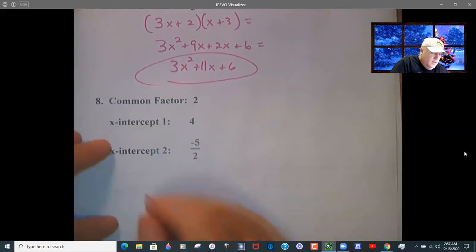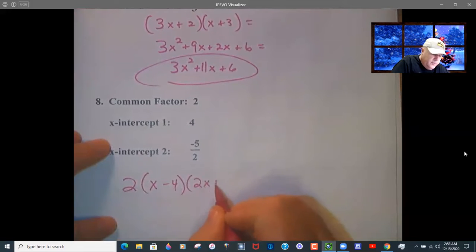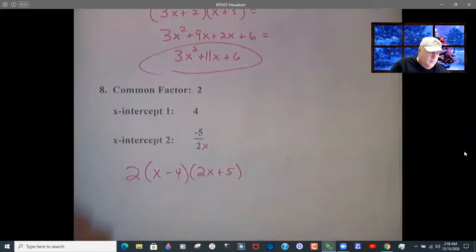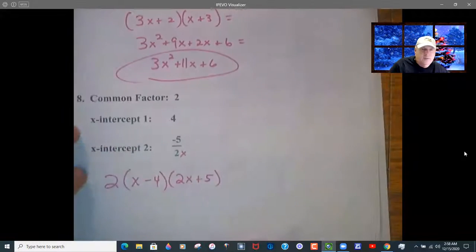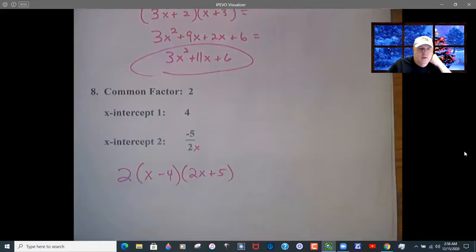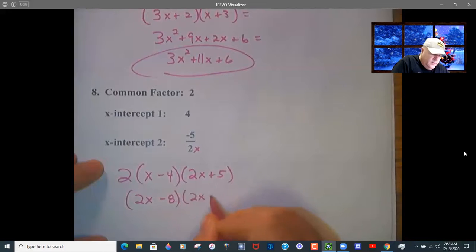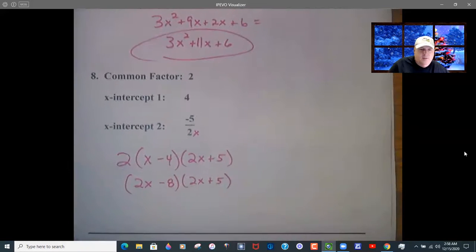Okay, so here, common factor of 2, we have an x minus 4 and then a 2x plus 5. Sometimes I just write down an x next to the denominator. That helps me to picture what should be multiplied by x. So my advice to you, if you're going to multiply 2 in, you only do it into one set of parentheses, the first set preferably.